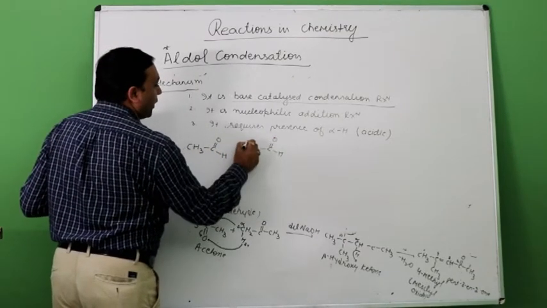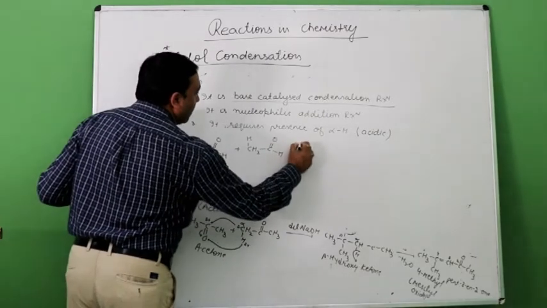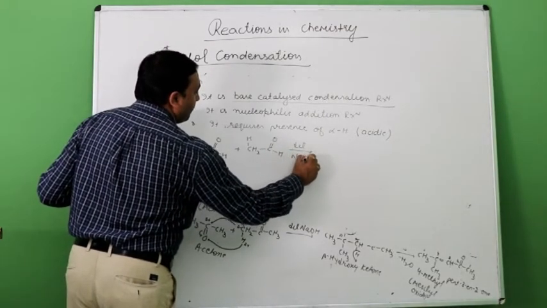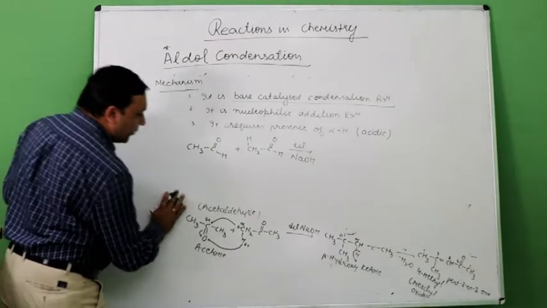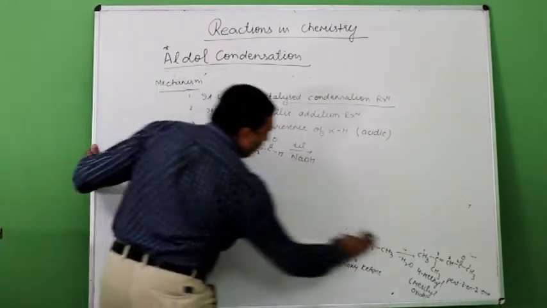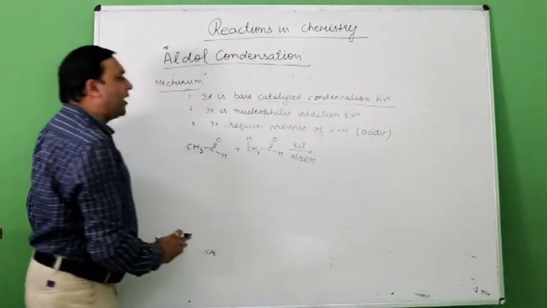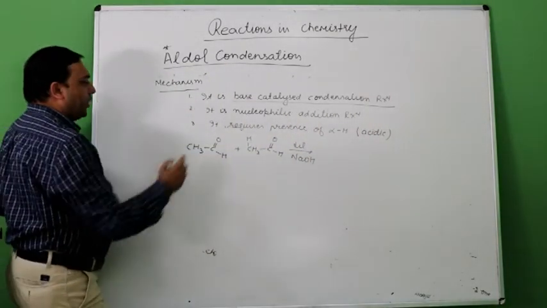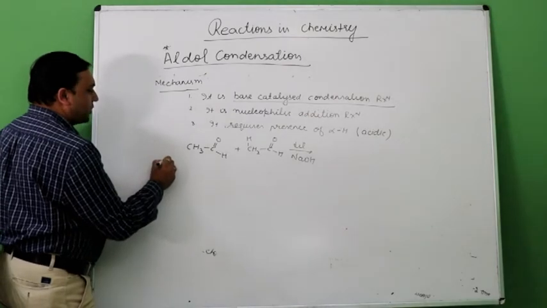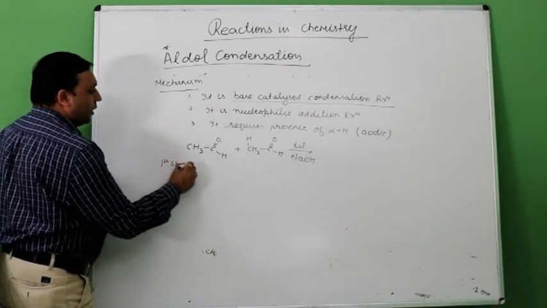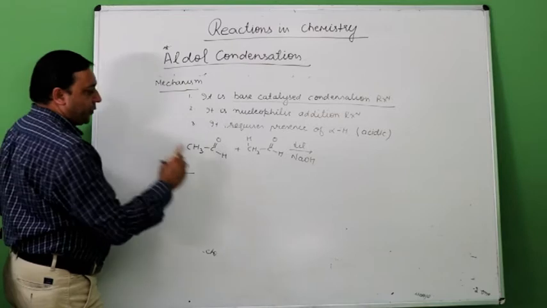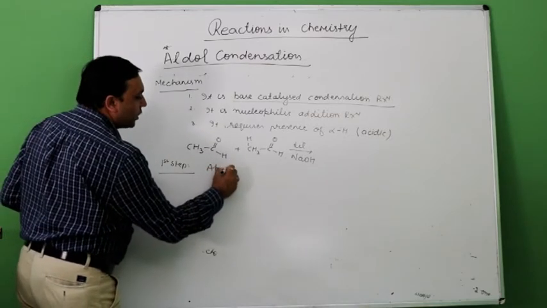Complete the following reaction taking its mechanism. Once you know one mechanism, a large number of reactions can be framed. So the first step involves abstraction. Abstraction means removal.